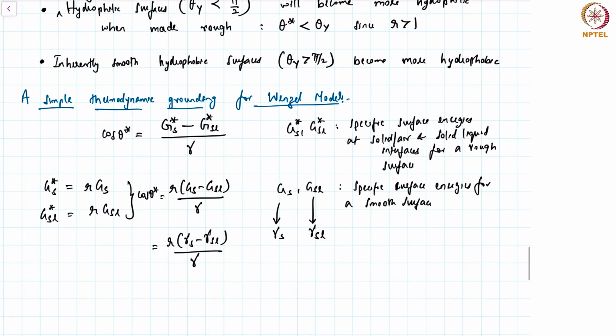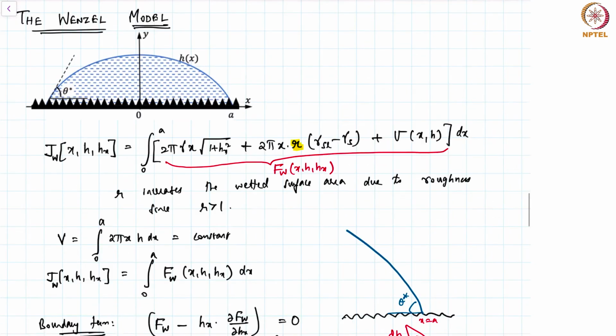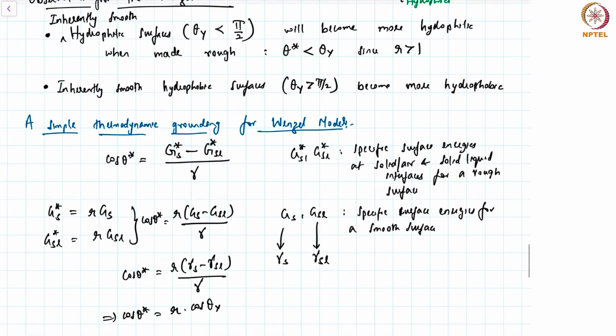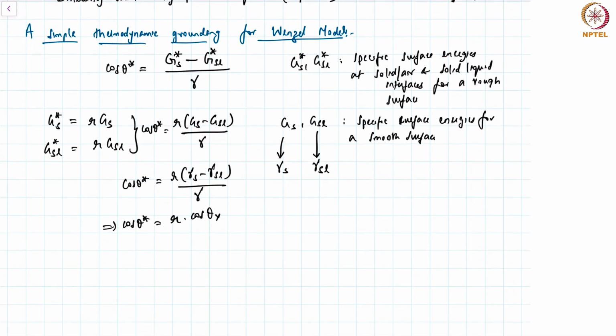Okay, and therefore cosine of theta star is nothing but R times cosine of theta Y. This is again the same thermodynamic reason that the effective surface area has increased, and therefore the Wenzel model essentially gives me a different contact angle. We can arrive at this result either through the energy minimization approach or through the simple thermodynamic explanation.